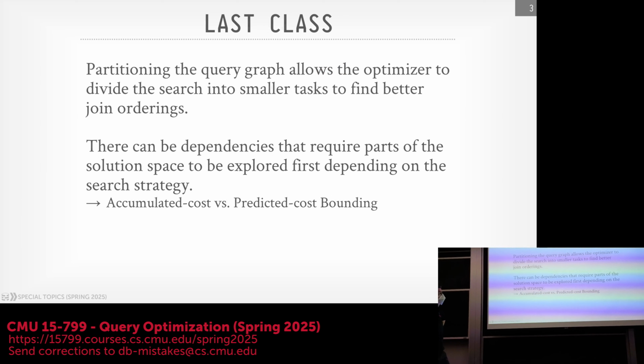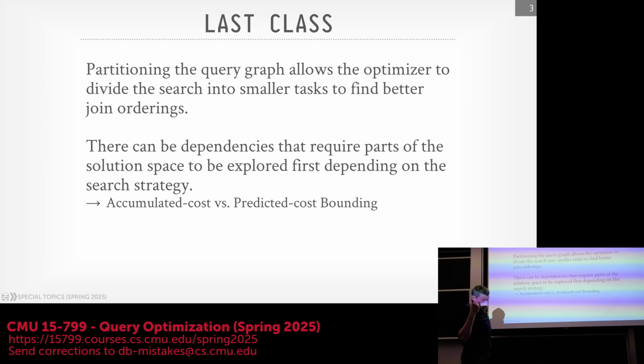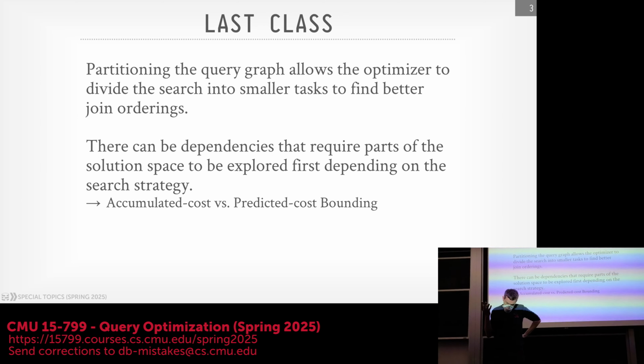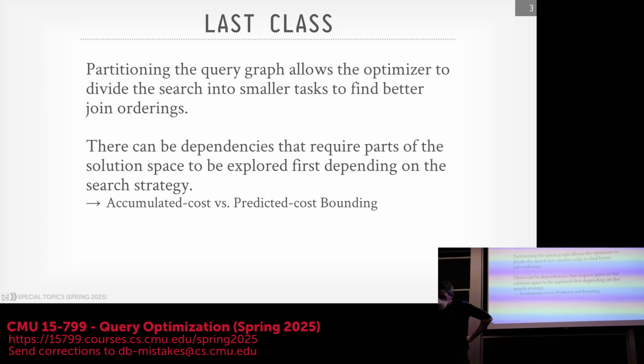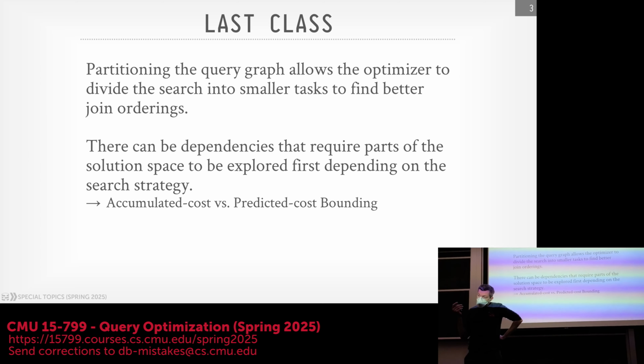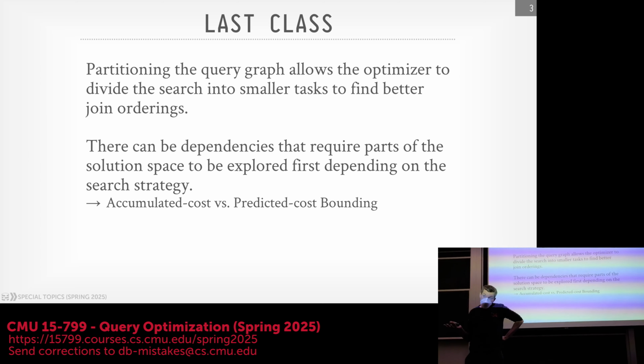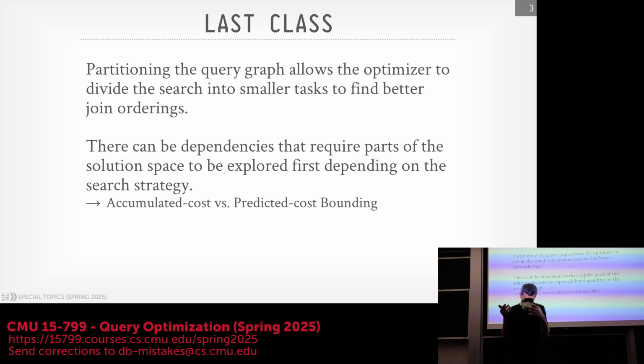Last class, we started looking at how to do top-down join enumeration, and one of the techniques we saw was partitioning the query graph into subgraphs, smaller connected graphs. That was done not necessarily to parallelize the search, but at least to be more targeted in how we do the search going down.